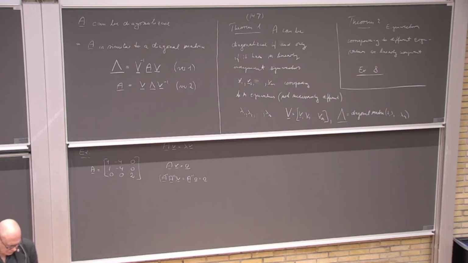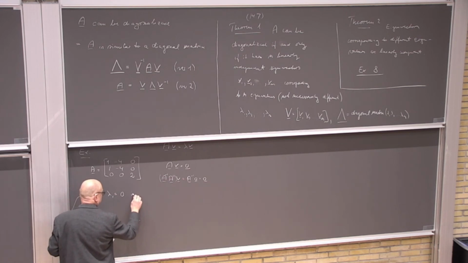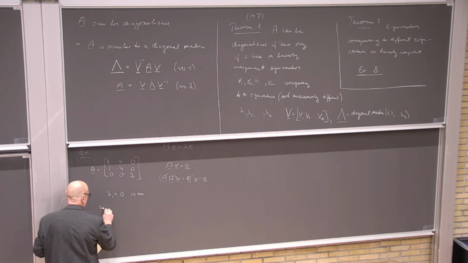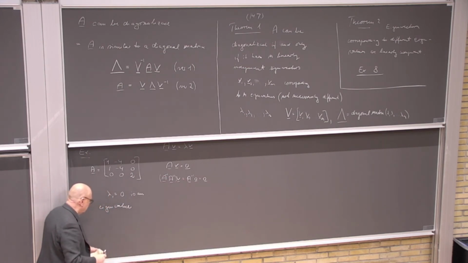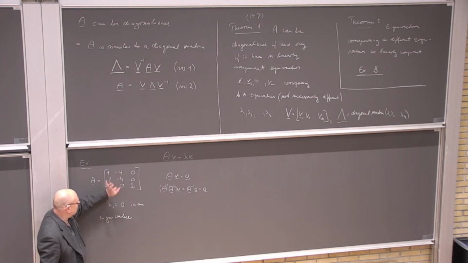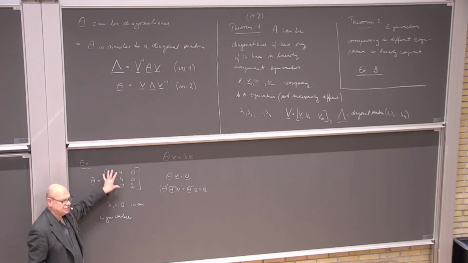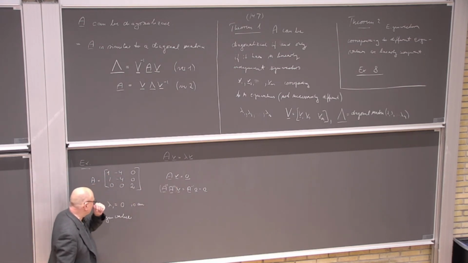So lambda equal to 0 is an eigenvalue. Now, maybe I jumped to this conclusion, because if you look at it, you have proper solutions to this equation here if lambda is equal to 0. And this is the condition.